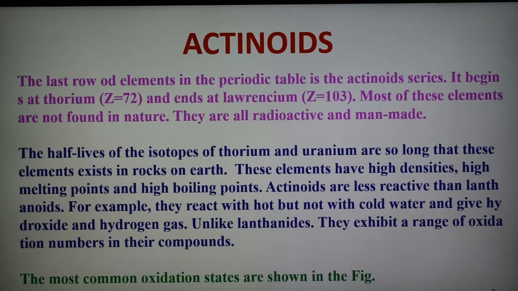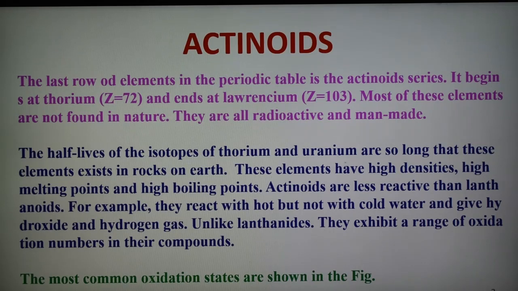And as we know, in the case of actinoids, the series involves the filling of the 5f orbital and is known as the actinoid series. After actinium, it includes the elements thorium up to lawrencium.